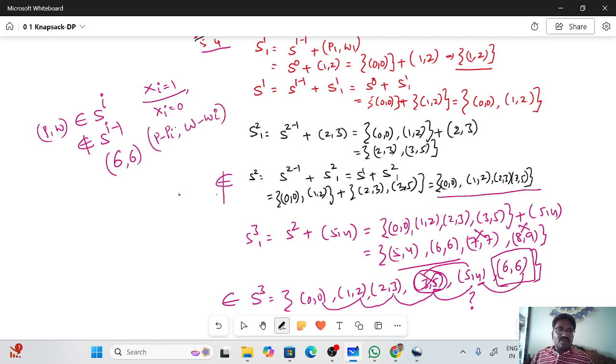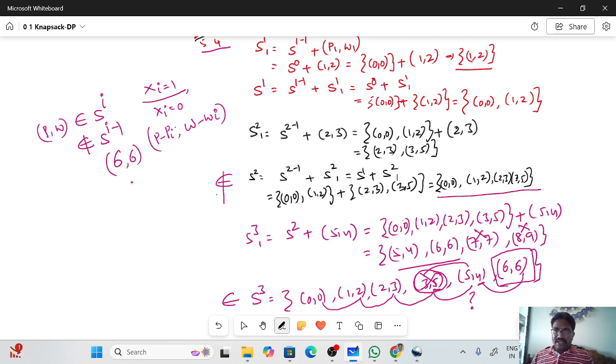So once again you can recursively follow P minus Pi comma W minus Wi belongs to Si minus 1 and does not belong to Si minus 2, and so on. So this is finding the solution.